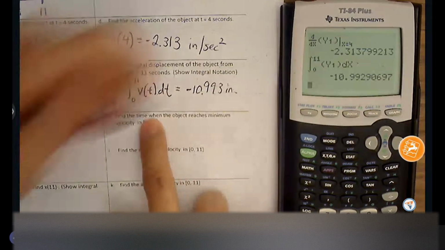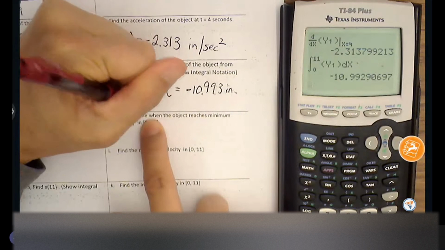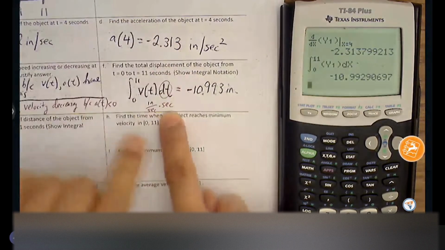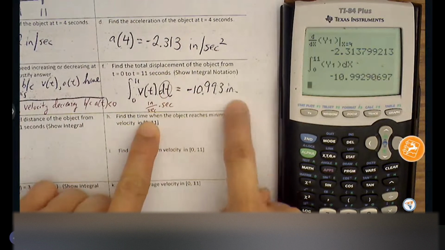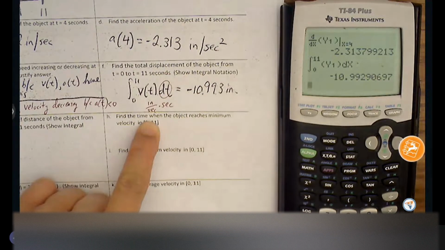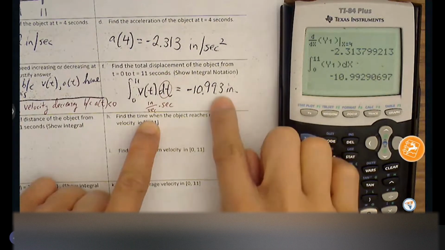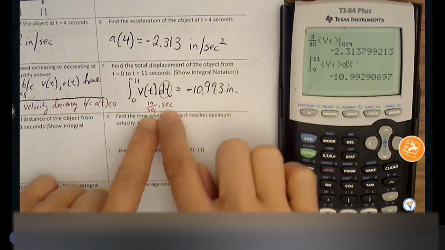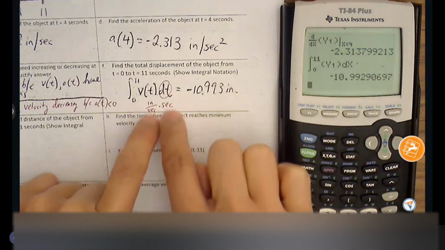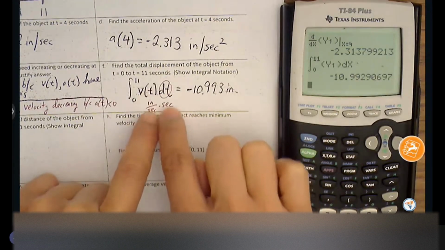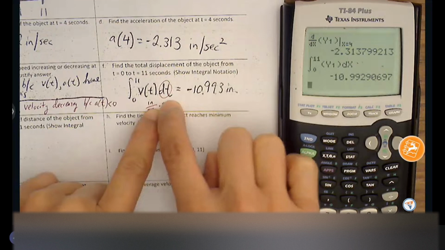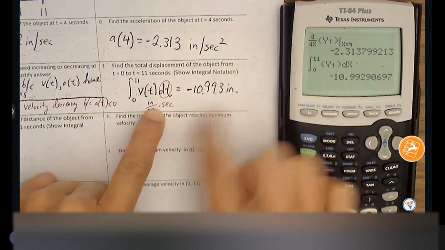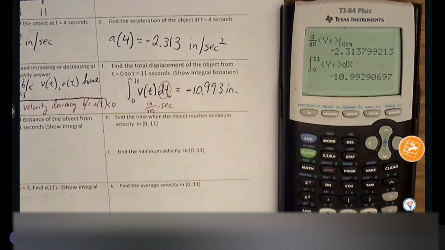So inches per second multiplied by seconds is going to end up losing that time component. We can think of it as an area component: inches per second times second will just give me inches. So with integration and derivative, your notation and units are going to change.